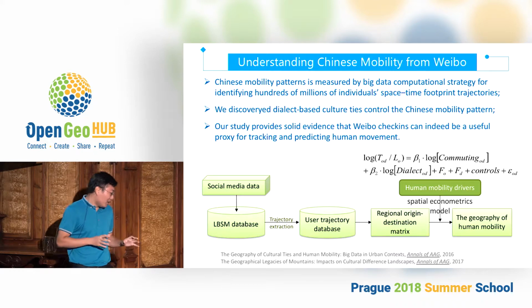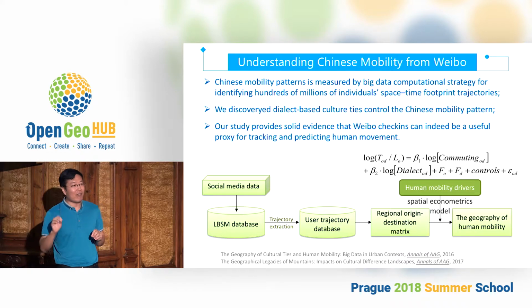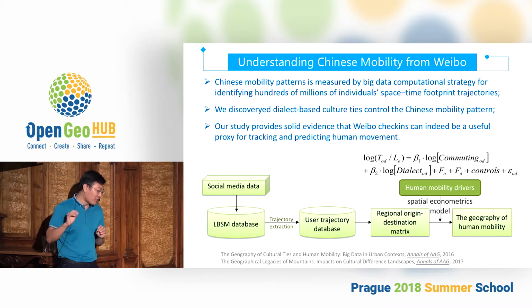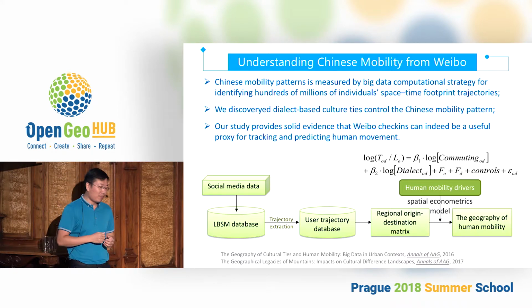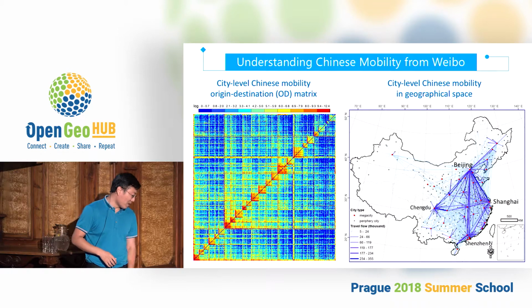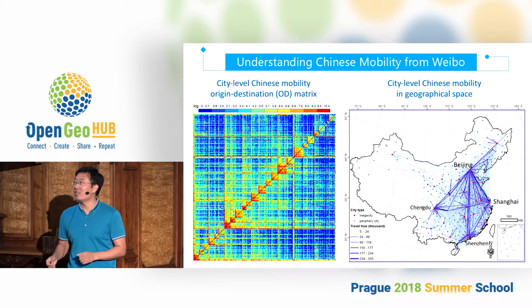We found the dialect-based culture ties control the Chinese mobility patterns. Our study does provide solid evidence that social media check-ins could indeed be a useful proxy for tracking and predicting human movements. Here shows the results.